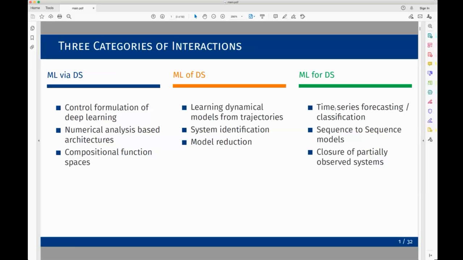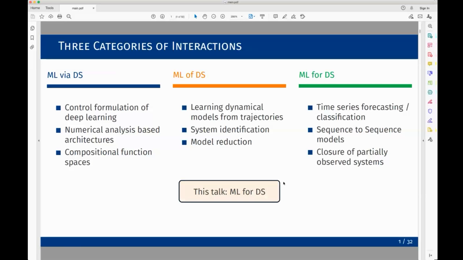Applications of this kind of goal include, for example, the simple case of time series forecasting or time series classification, or in a lot of machine learning tasks, sequence-to-sequence models, or in the context of dynamic systems, learning a partially observed dynamic system. You know the full dynamic system is complete, but if you want to construct a reduced dynamic system, you have to come up with a new one.